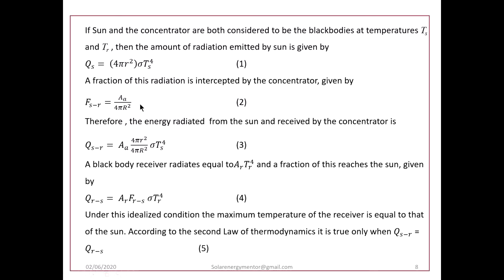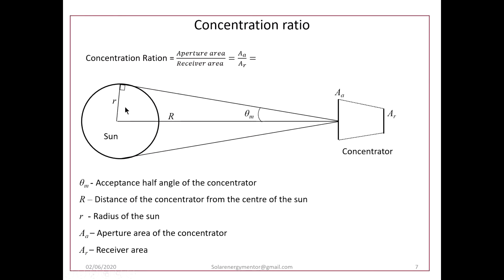Then a fraction, now not all the radiation emitted by the sun is intercepted by the concentrator. So the fraction of this radiation intercepted by the concentrator is given by the shape factor. So it is aperture area by the distance.